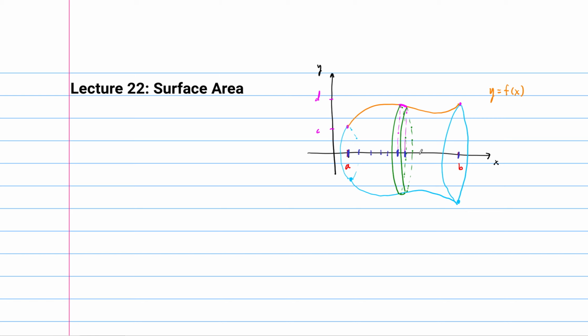I'm going to make sure those 2 points that I already used are part of our partition. And remember, the rules of our partition are that you have to start with x0 as the first point, and your last point has to be xn, and then they have to increase. So we've got x0 equals a, less than x1, less than x2, etc., all the way out to xn, which is our endpoint b.